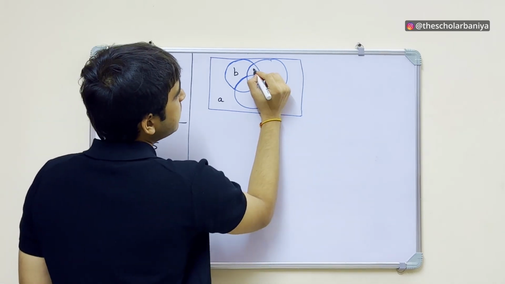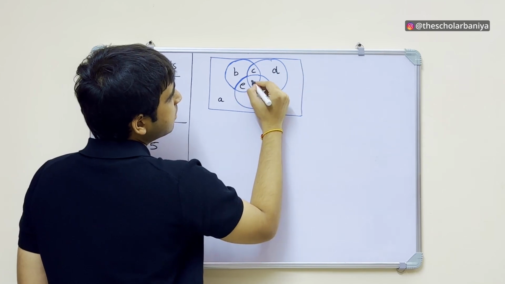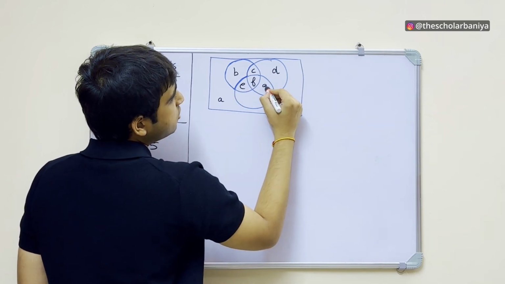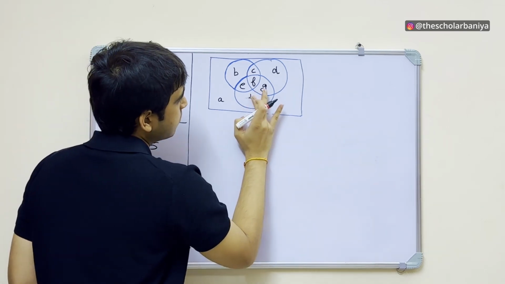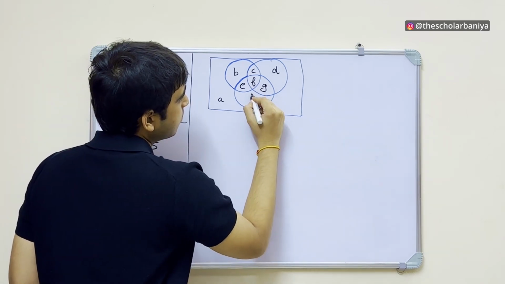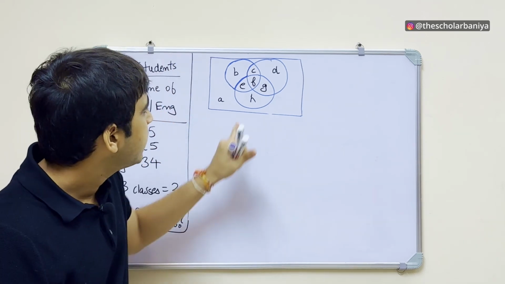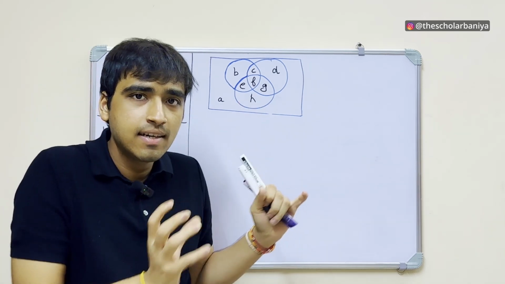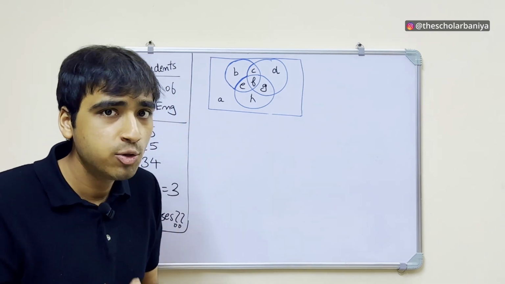Similarly, this part is C, this is D, this is E, this is F, this is G, and this is H. So we have broken down the entire thing into different variables, which will make it easy to solve, right?